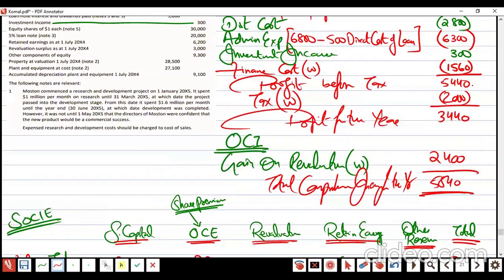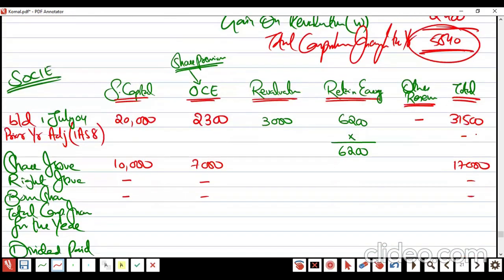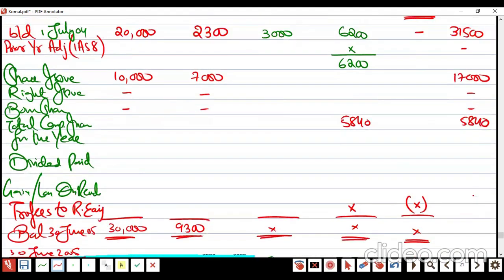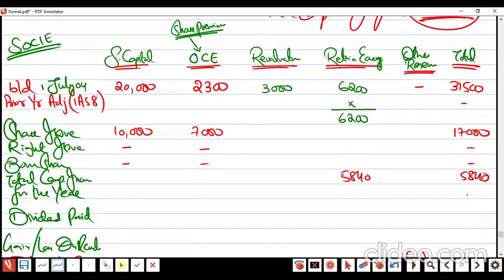Other comprehensive income, how much did we get? 5,840 is going to be added here. And only a revaluation gain was there. How much was the gain on revaluation? Check. 2,400, correct? Now be careful.